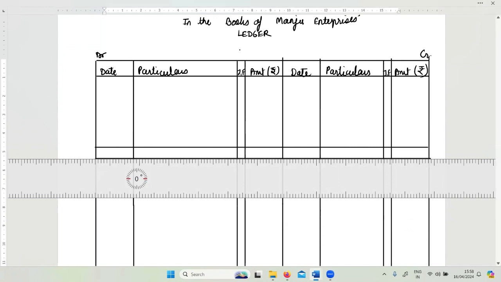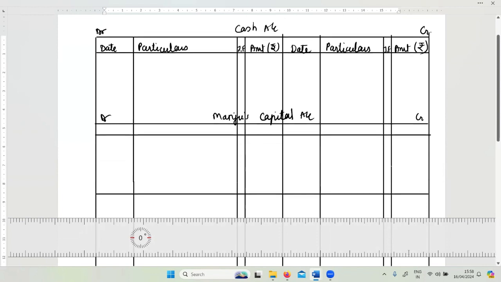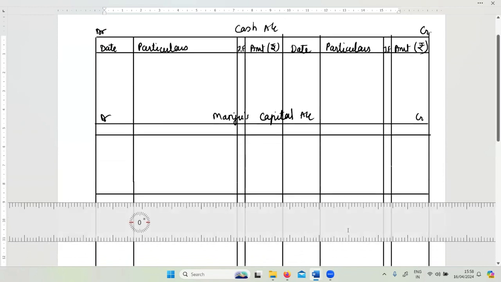So let me put your cash account. Second ledger account is the capital account of Manju. So Manju's capital account. Then third account is of Akshay, and basically we are buying from him. So purchases. So I can also write it as purchase account, and Akshay's account is the next account we'll prepare.